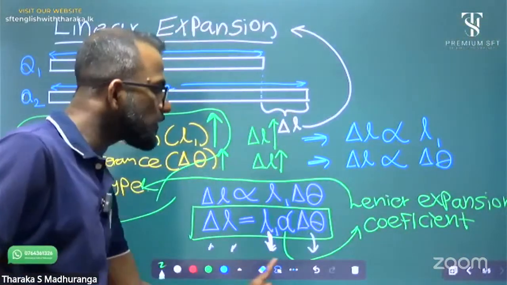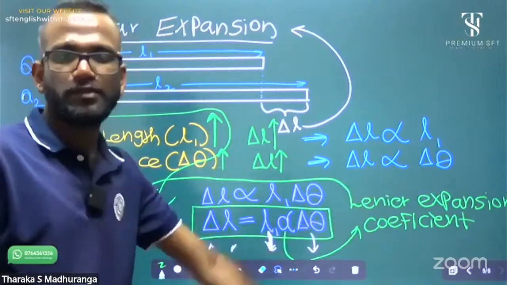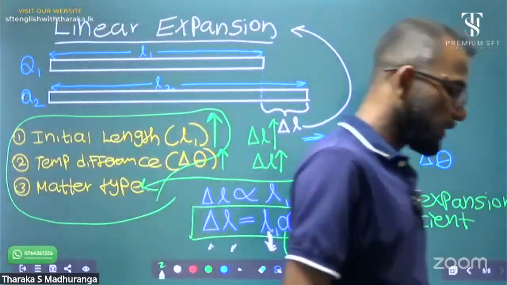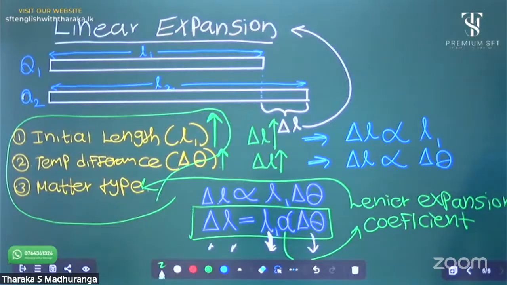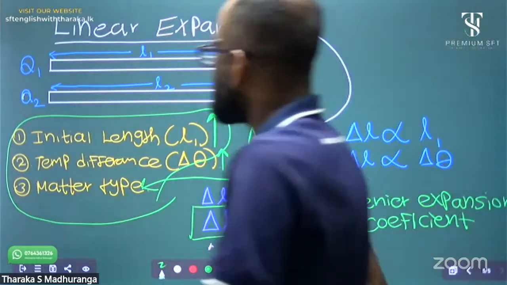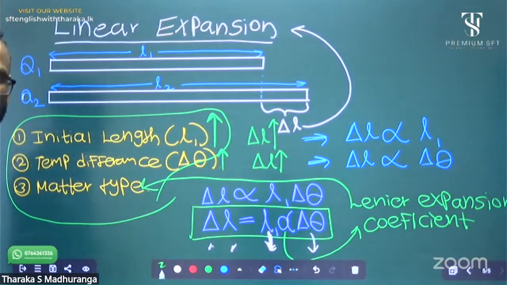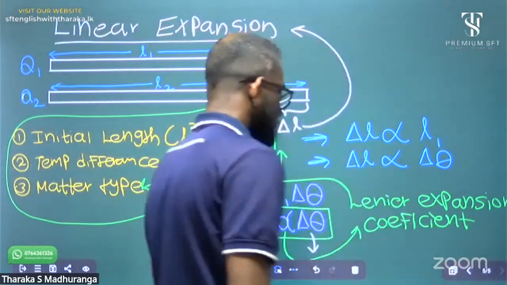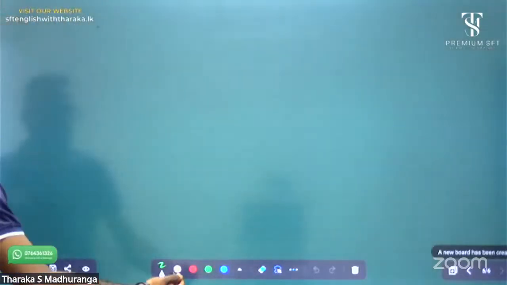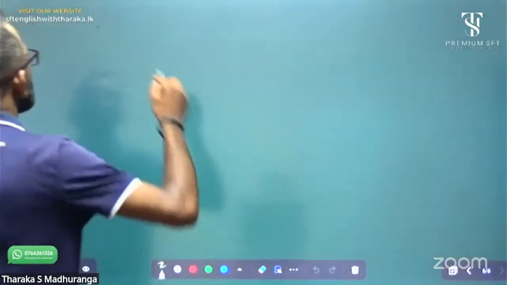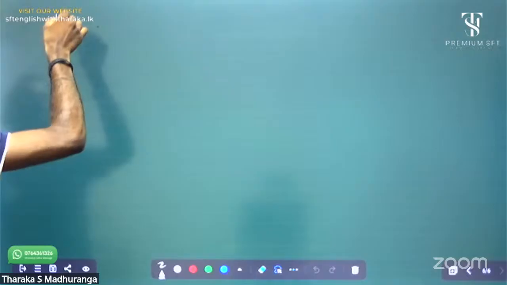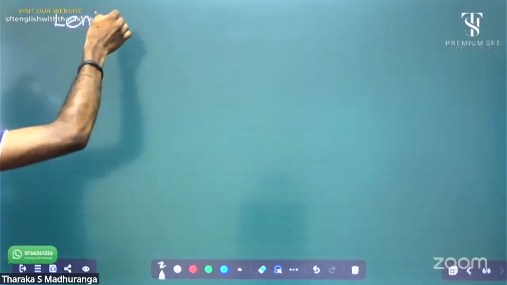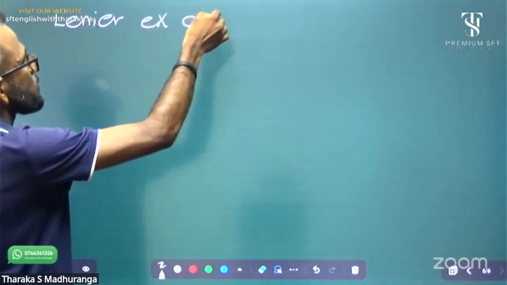Okay, alpha is the linear expansion coefficient. All right, final part of today. Final topic. In your paper, write down alpha, linear expansion coefficient.